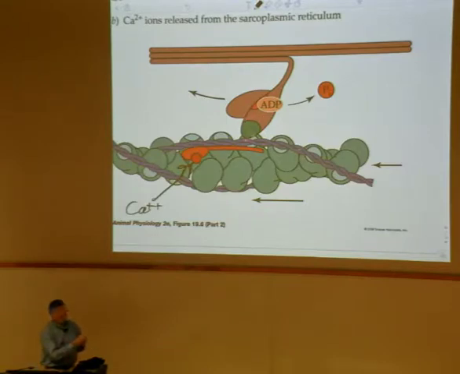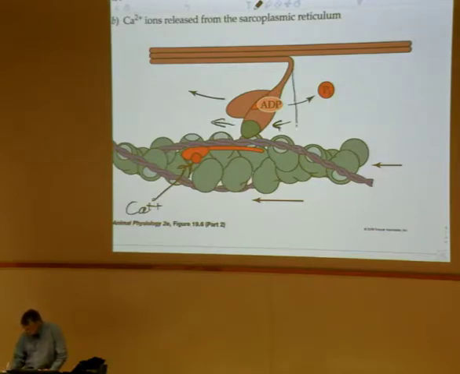So with the new conformation, that changes the shape of the binding site for phosphate. It doesn't fit neatly anymore, and out pops the phosphate. And our myosin head has moved. So it was here, and now it's moved, and it's moved the actin.